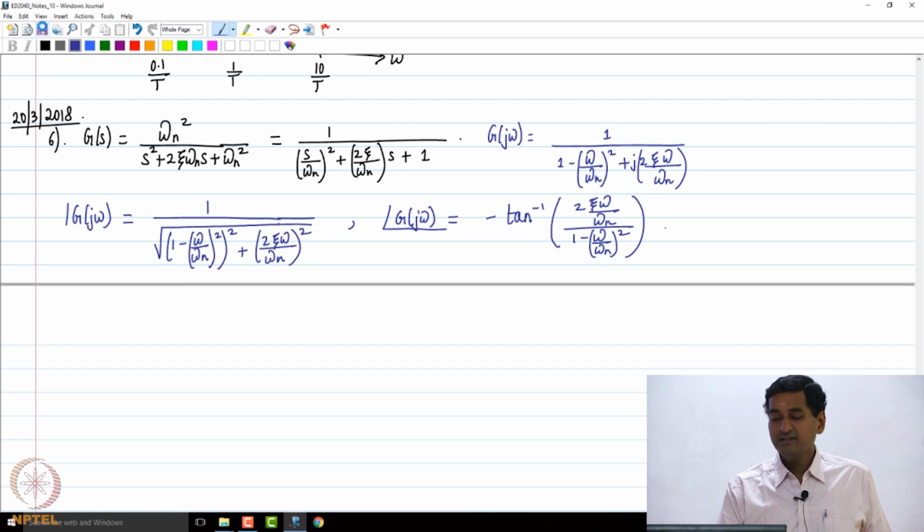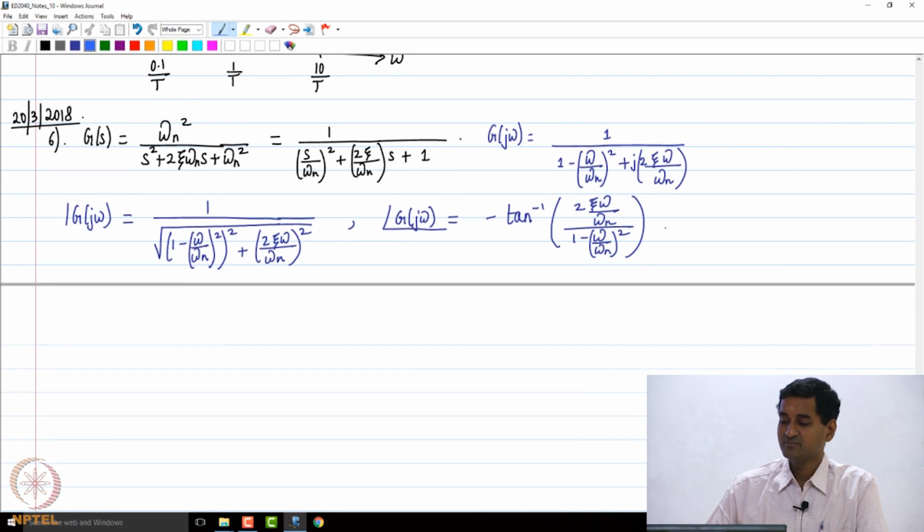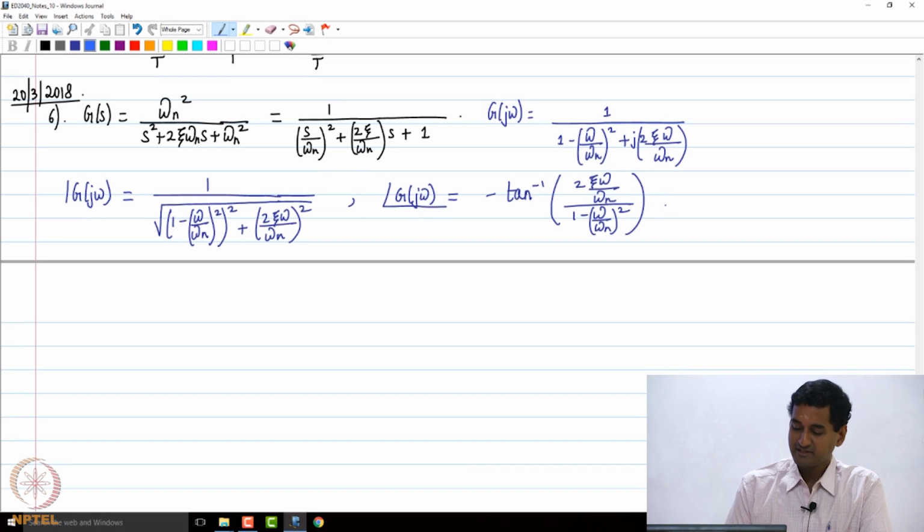Now let us look at the magnitude. Once again we will follow the same process as we did in the previous class with the first order factor. Let us look at the magnitude of this factor and try to figure out what the asymptotes are.